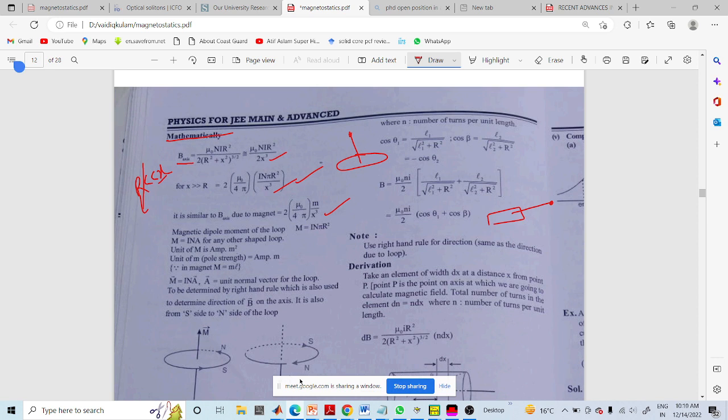So from here you can compare with capital M, where current, number of turns, and pi r square equal capital M. If you replace this by capital M, it is the same thing as here.